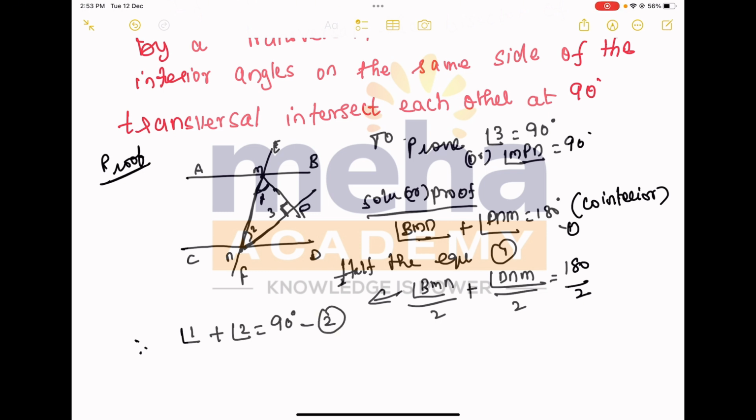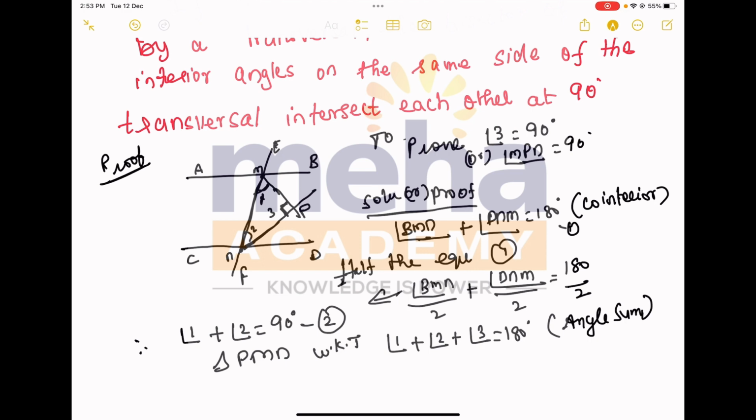Then in triangle PMN, we know that adding all the three angles, angle 1 plus angle 2 plus angle 3, is 180 degrees, because of the angle sum property. Also from 2 we know that angle 1 plus angle 2 is 90 degrees.